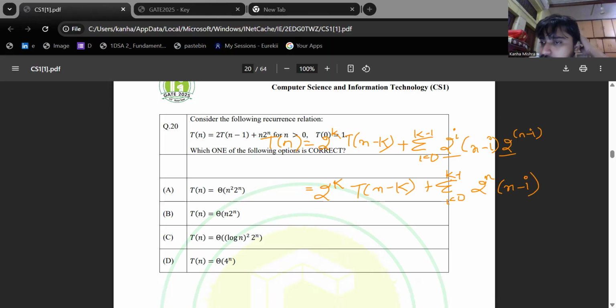Now, you can observe here that this 2^n does not have any effect on the summation, so we can get it out of the summation. So it comes out to be 2^k T(n-k) plus 2^n times the summation of i equals 0 to k-1 of (n-i). This is what the terms come up as.